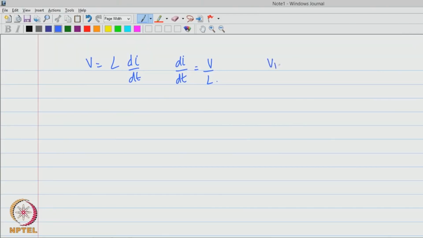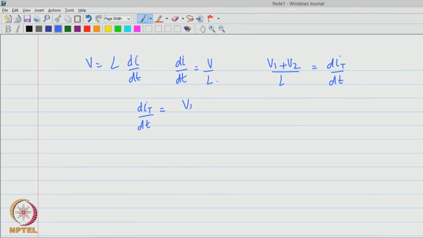My total voltage would be V1 plus V2 across the inductor L, and that would generate some amount of current, let us call this I total, so what is this di total by dt?